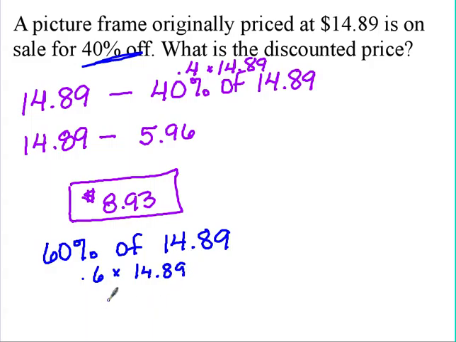What does that come out to be? $8.93. So see, what ends up happening is if you use the other percent, you actually don't have to subtract. Okay, that's one of the nice things. So anyway, that's just like a little technique that works. If you don't like it, fine. You can use the first way we looked at.